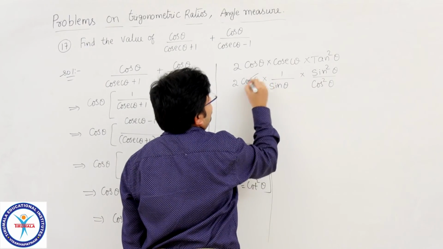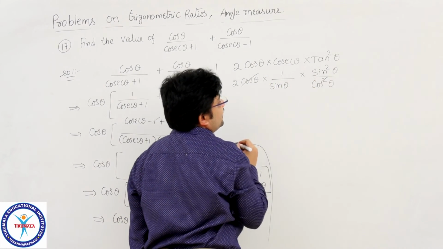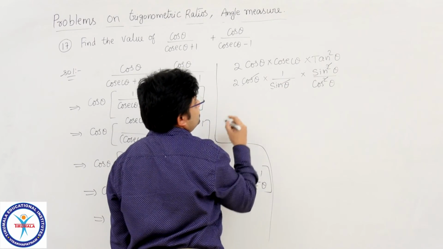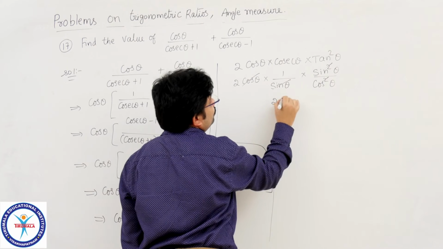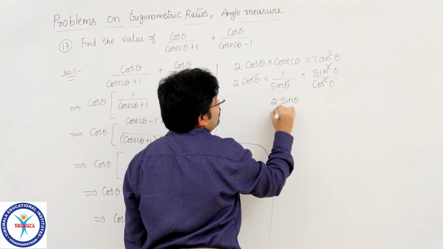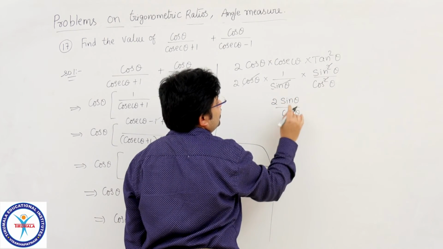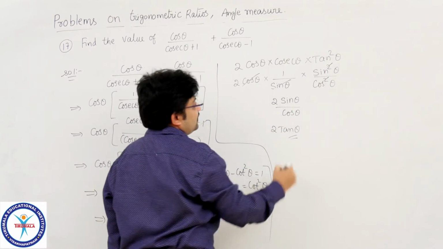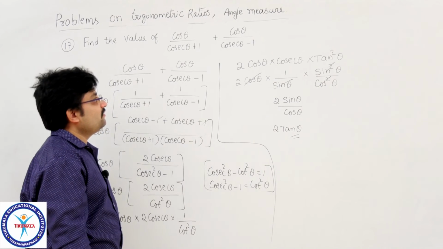Now here cos theta and 1 cos theta get cancelled, sin theta and 1 sin theta get cancelled. Next, what is remaining here? 2 sin theta by cos theta. Sin theta by cos theta is tan theta, that is 2 tan theta. This is the evaluation of this.